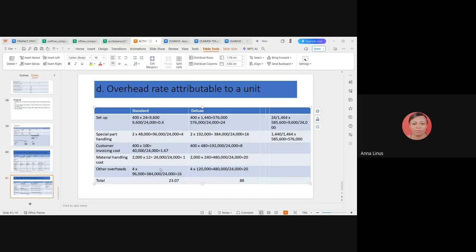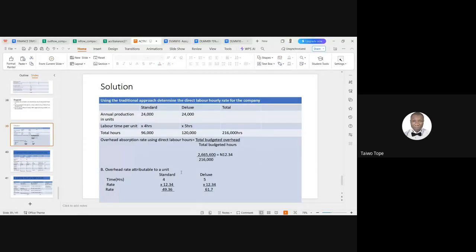Thank you, sir. Please, I would like you to explain. I did not get the B part of this question, how you solved it. I was lost. So we should go up, right? That is this B part. Okay.